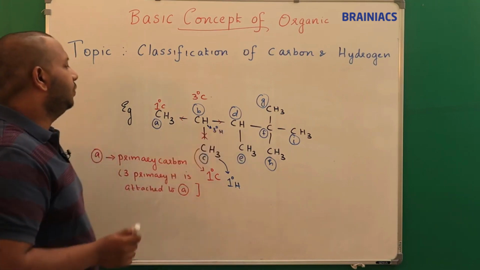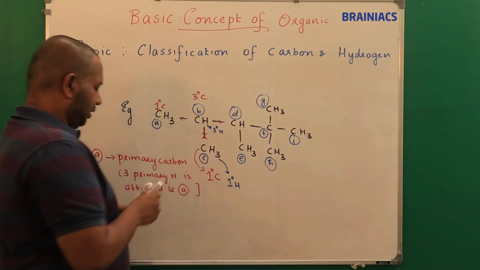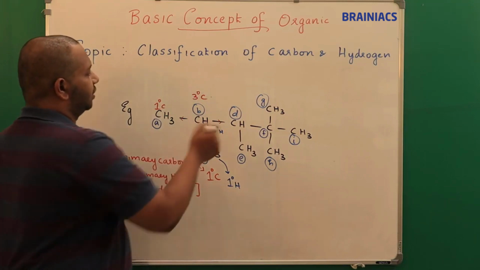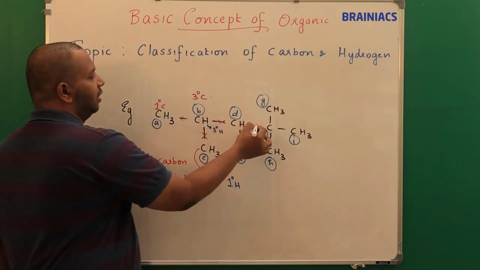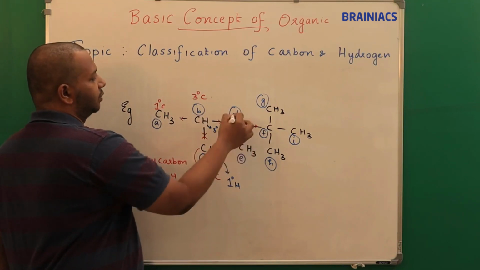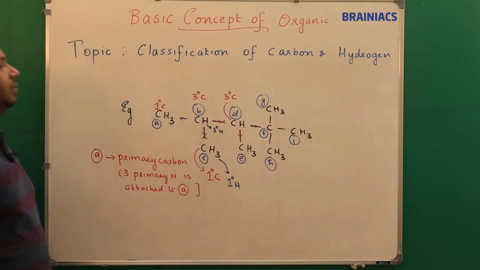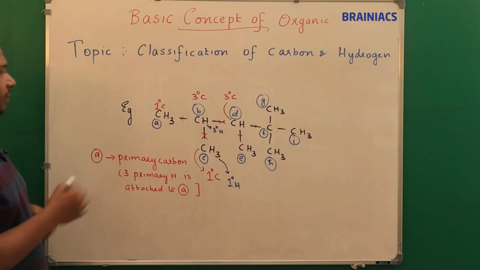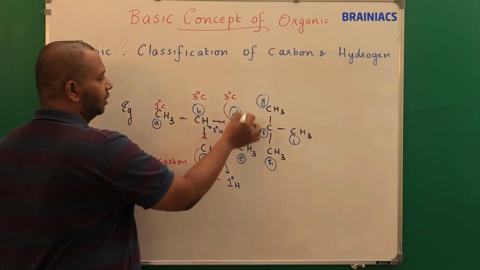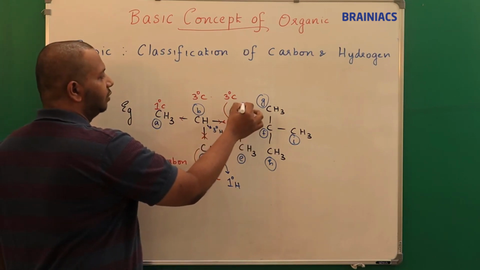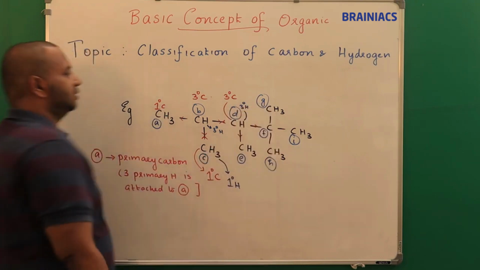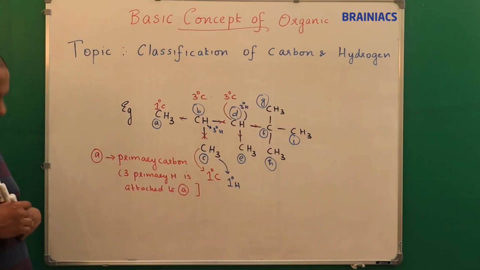Now let's see D. Coming to D. If you see here, this carbon atom is connected to here, here, and here. So again, this is what sort of carbon? 3 degree carbon. If that is a 3 degree carbon, the hydrogen which is attached to this one should be a 3 degree hydrogen. Understood?